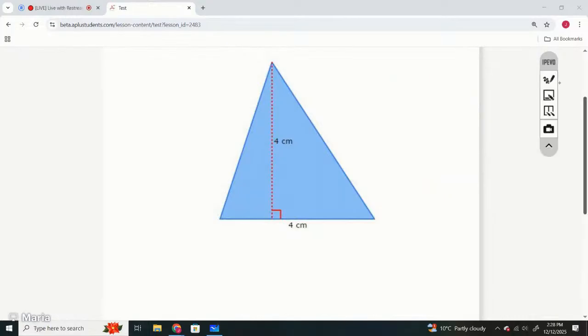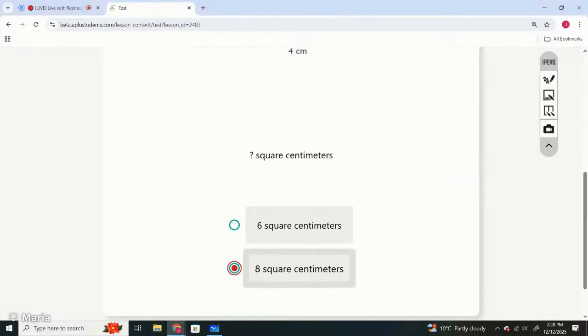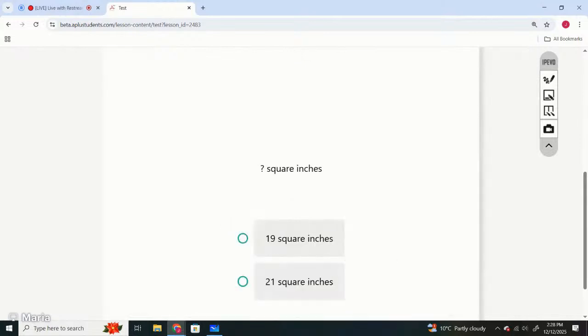The correct option is 8 square centimeters. Option number 2 is the correct option.